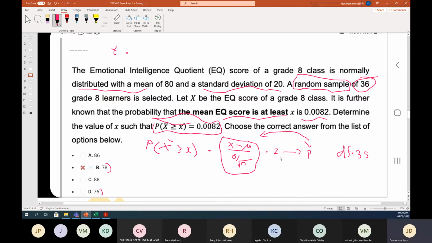This would be study unit... This is not hypothesis testing. This would probably be study unit 7, I think. 7 or 8.